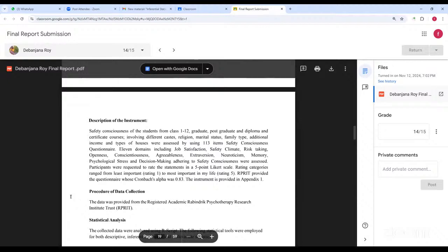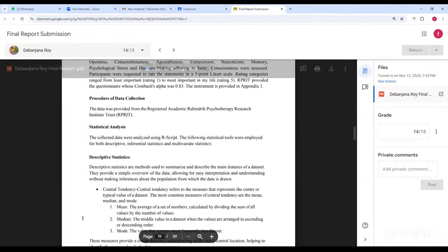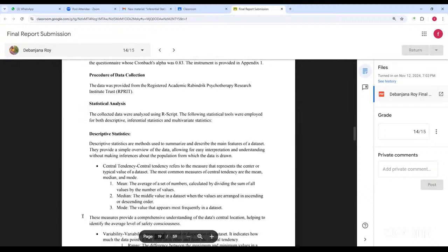It will be the same. Procedure of data collection. Again, it will be same. Statistical analysis. This is vital. Instead of the central tendency, you have to write down the frequency and percentage.